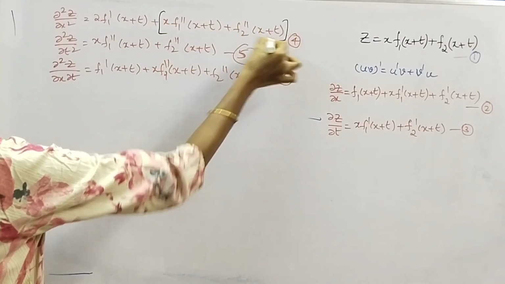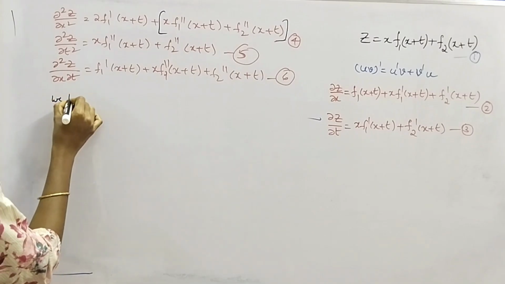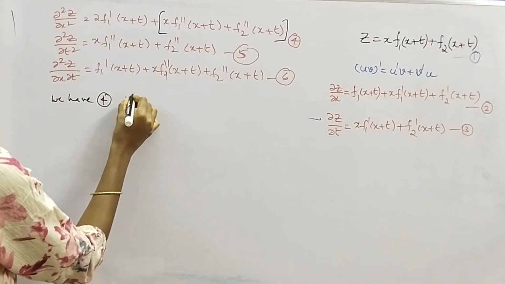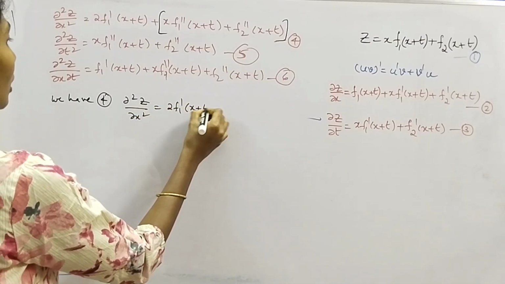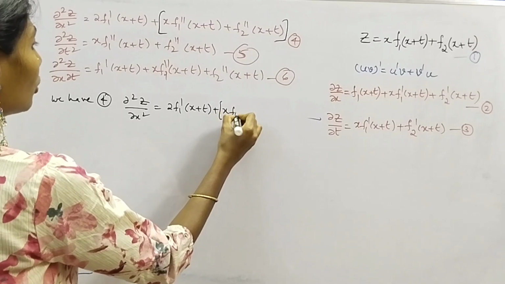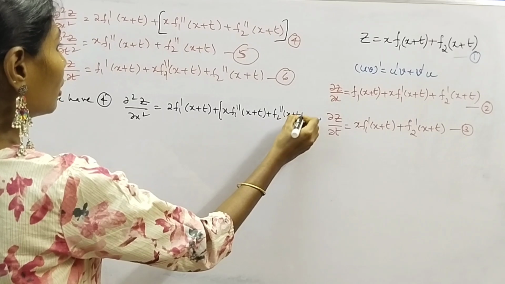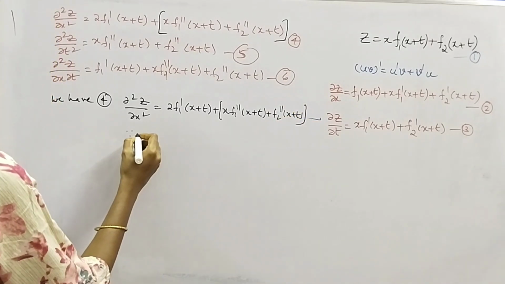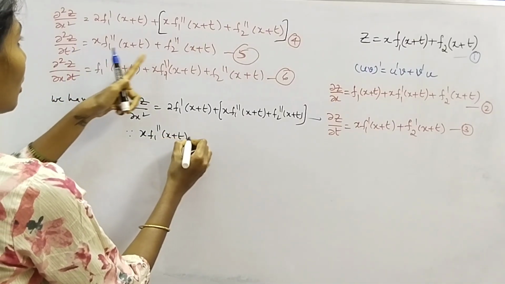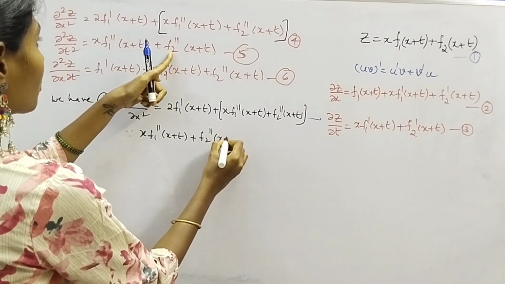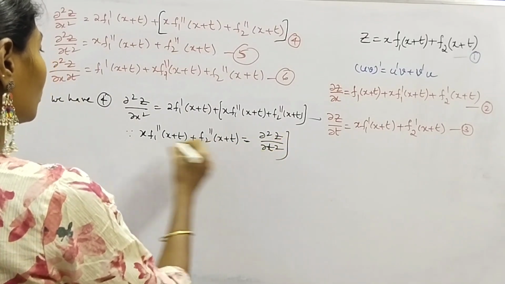Let's replace it by this one, then we'll get 4 ∂²z/∂x² = 2 f1'(x+t) + x f1''(x+t) + f2''(x+t), right? Since x f1''(x+t) + f2''(x+t) equals ∂²z/∂t², right?